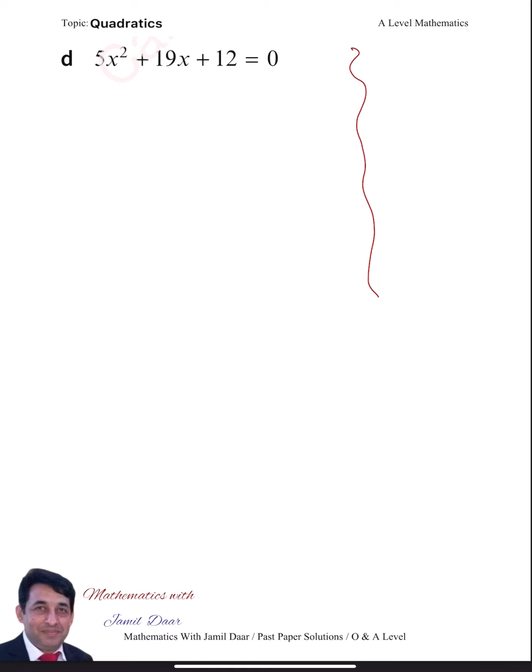The working would be, we have to multiply the coefficient of x square and the constant with each other. This is plus 5, write down with signs, and plus 12, and it will give you plus 60. Now, as it is positive, the sum of factors of 60 should be equal to the middle term, that's plus 19. I'm writing this working for you, though you can do it mentally, to remind you how to tackle the middle term break and how to factorize it.